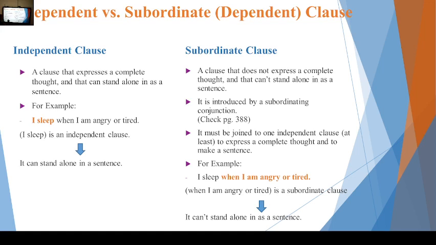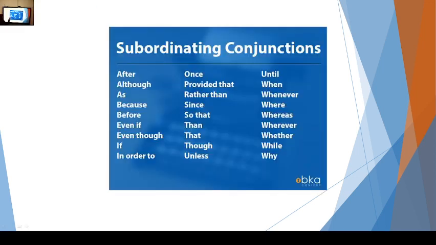It depends on another clause to complete the meaning, and it can't stand alone in a sentence. Okay? So this is the main difference between independent and subordinate clauses. Here you have examples of subordinating conjunctions like after, although, as, because, before, even though, if, in order to, since, than, that, though, etc. Have a look at them.